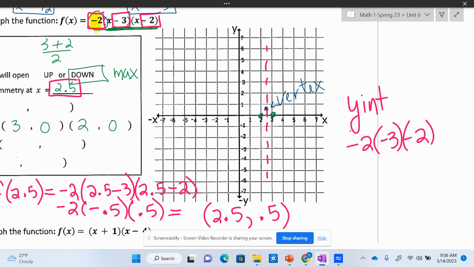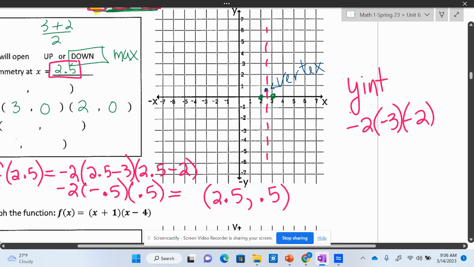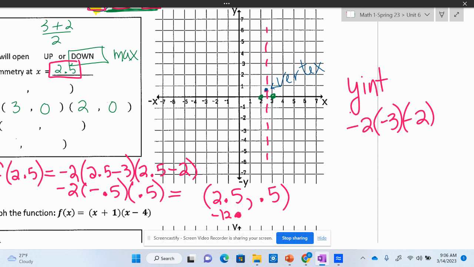So what does that become? A negative times a negative times a negative is a negative, right? Yeah, it's going to be way down here at -12. And that means the point opposite of that is going to be way down here.